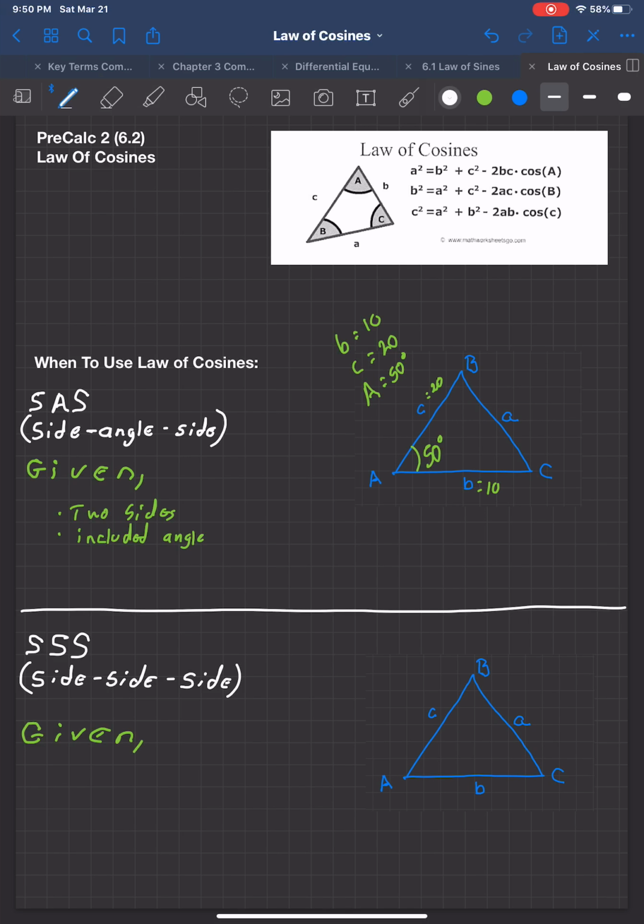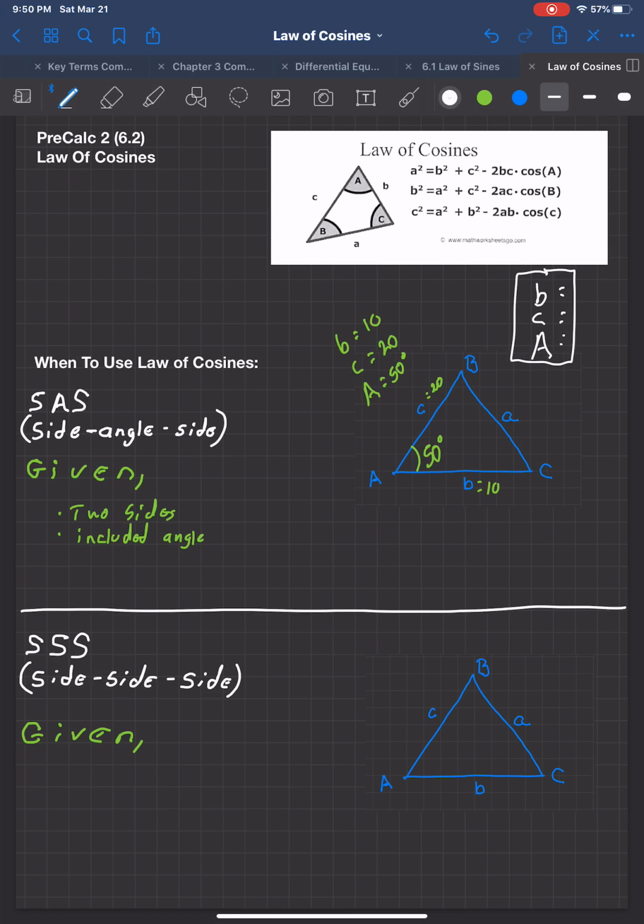Ready? I would say to my son, do you notice how you have 3 different letters? You have a B, you have a C, you have an A, right? Now, in other words, you have a side B, a side C, and an angle A.